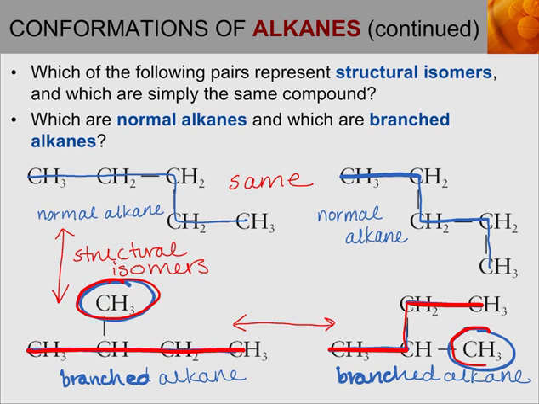But they have the same branch, which is the CH3 group. So these are the same. And now let's compare the two structures on the right. Are those the same or are they structural isomers? Structural isomers, right? We could conclude that just looking at the last comparison.